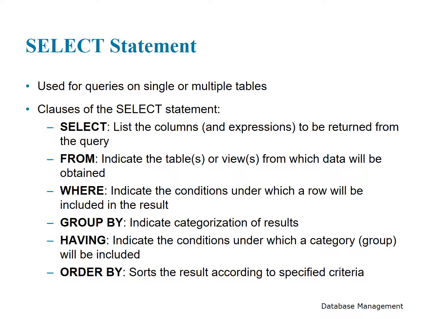WHERE indicates the conditions under which a row will be included in the result. GROUP BY indicates categorization of results, HAVING indicates the conditions under which a category group will be included. ORDER BY sorts the result according to specified criteria.